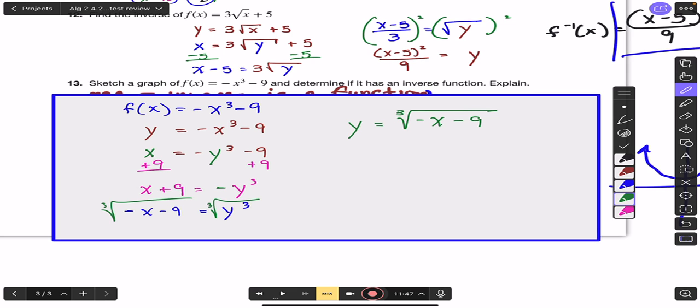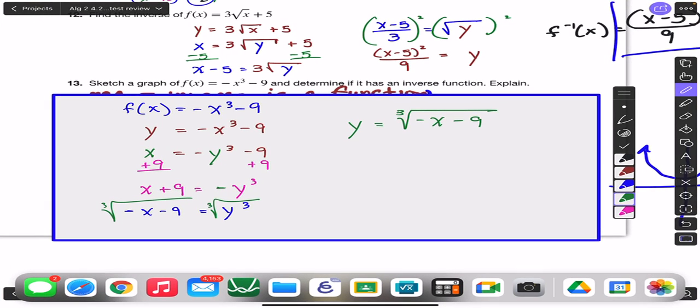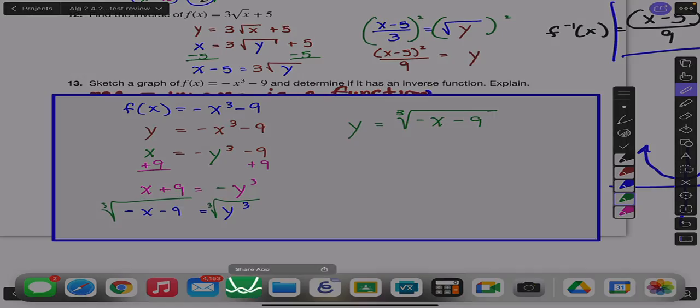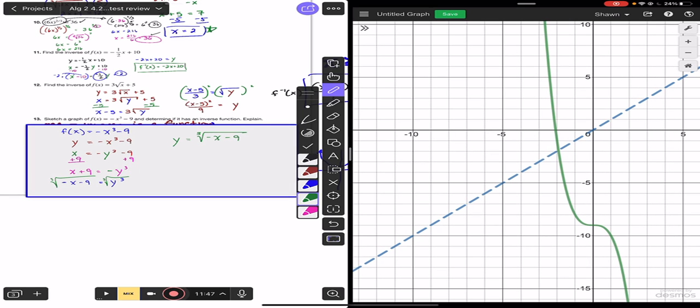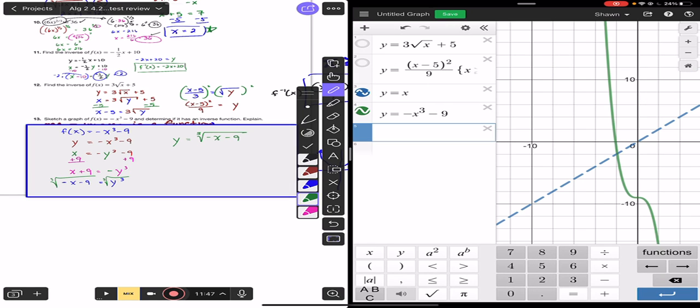Let's go ahead and take a look at that on our graphing calculators to see if it does look like the inverse should look. So there's our original function. And now I'm going to graph what I think is my inverse, y equals.